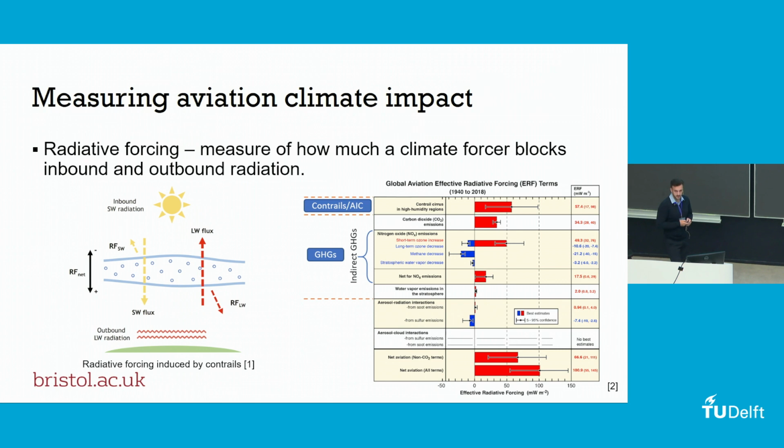Next up, we've got the greenhouse gases, so CO2 and water vapor, and then the indirect greenhouse gas effect through NOx emissions. Then we've got aerosols, and finally, the non-CO2 radiative forcing contributes 2/3 to the total climate impact of aviation, whereas the CO2 is merely 1/3.